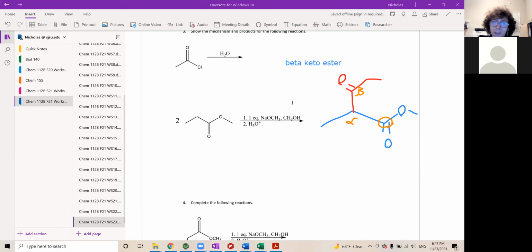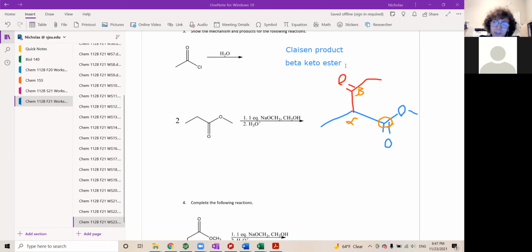And just like aldol reactions always, every single time gave you an alcohol beta to a ketone or an aldehyde, a Claisen reaction is always going to give you a ketone beta to an ester. It's like a characteristic product, just like aldol.